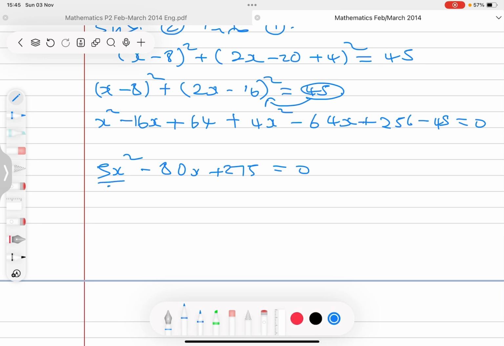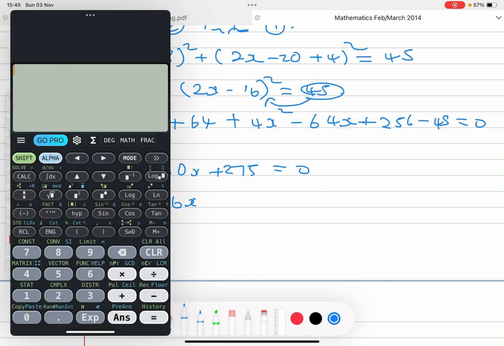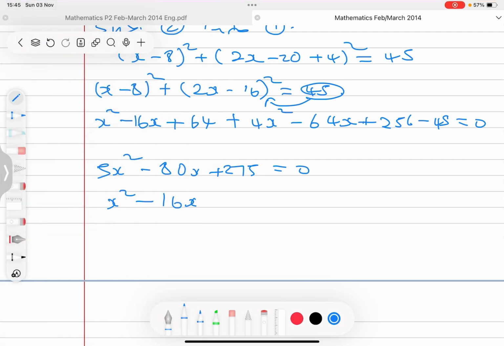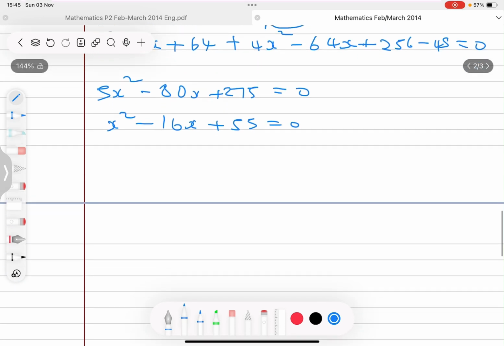If we divide by 5 here, we get an x squared, sorry, the 5 would cancel each other. And we know that the 5 goes 16 times into 80. I'm not sure how many times it goes into 275 divided by 5. It goes 55. So this will be plus 55 is equal to 0.